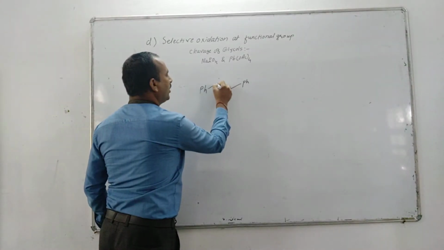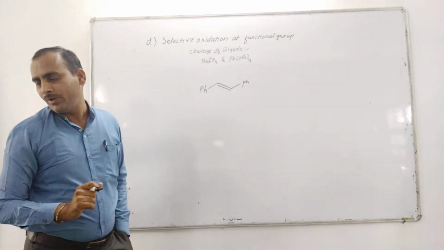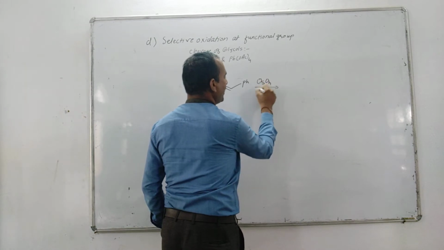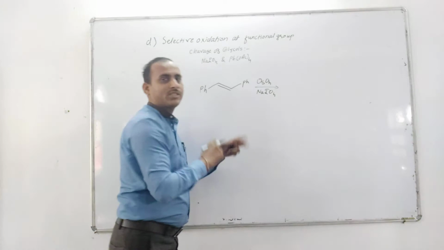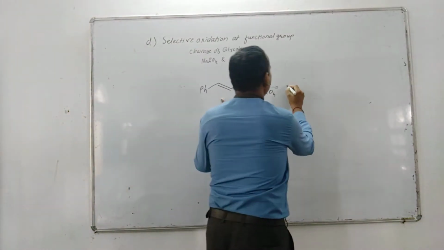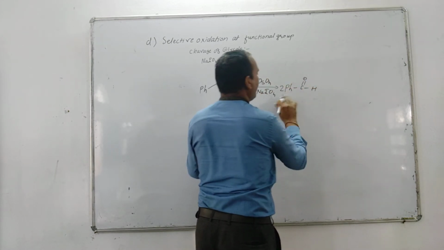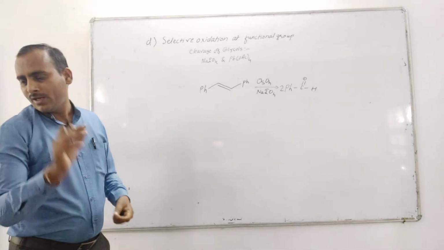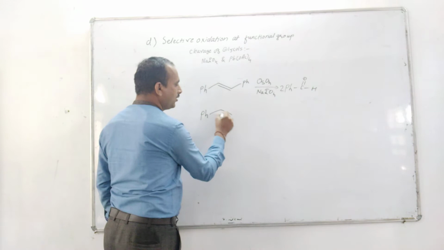Now trans stilbene by using osmium tetroxide and sodium periodate. So osmium tetroxide forms the diol, and the diol gets cleaved to form the aldehyde. So two molecules of benzaldehyde are formed during this reaction. Let's take another example.